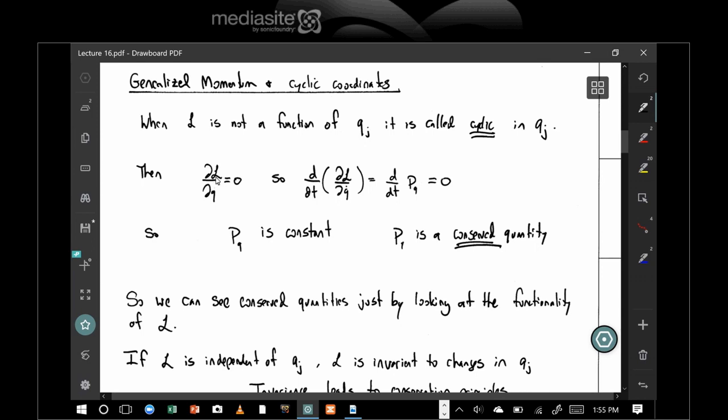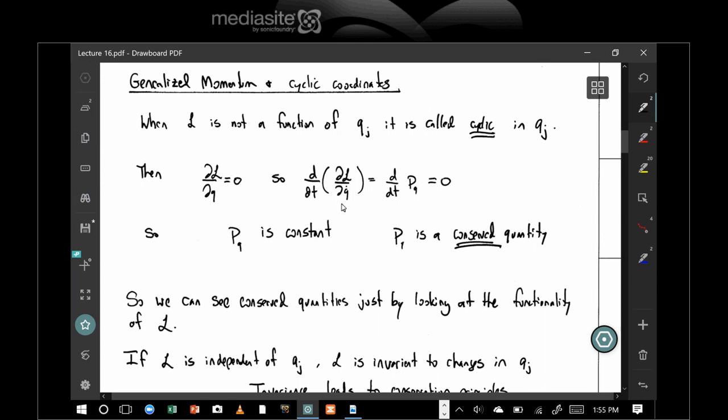Now say the Lagrangian is not a function of a specific generalized coordinate, call it q. That means the partial derivative of L with respect to q is equal to 0. So back to the Euler-Lagrange equation, that means the complete derivative d/dt of partial L with respect to q dot is also equal to 0.